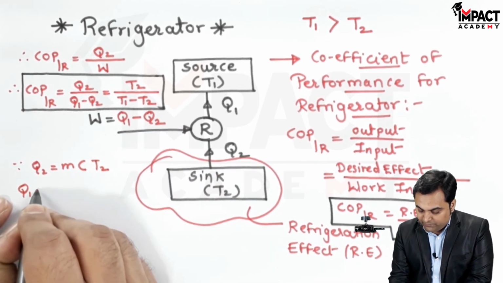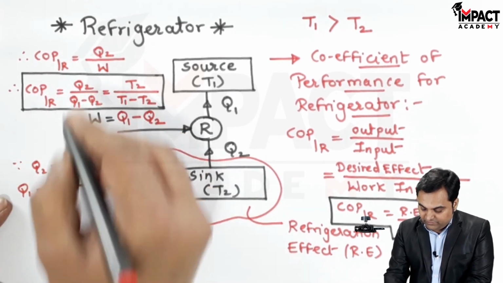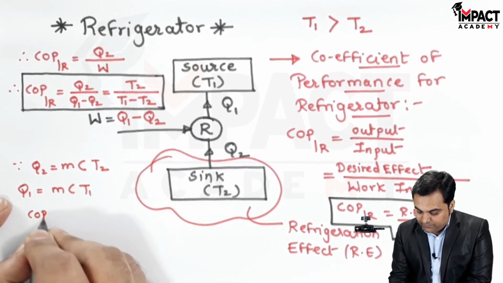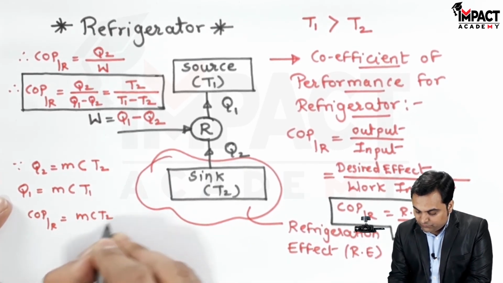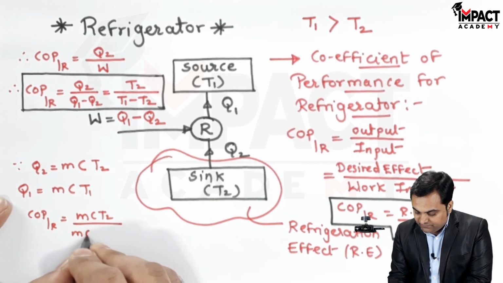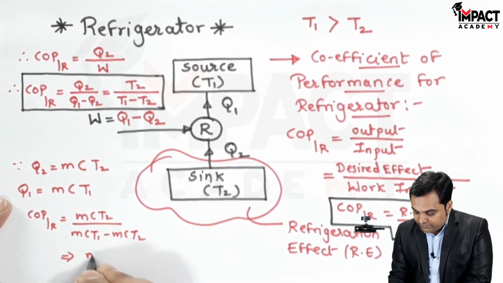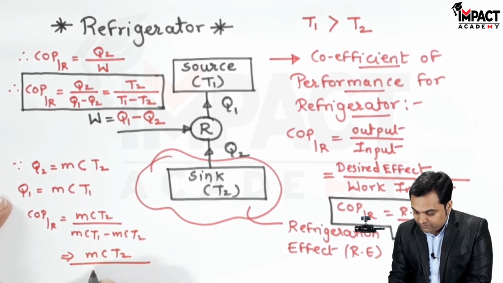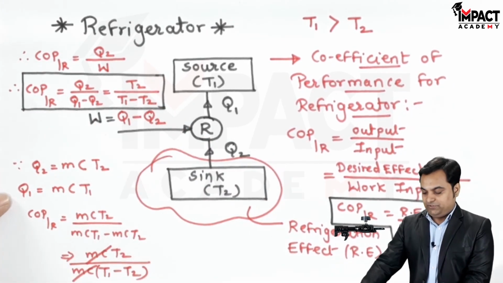Similarly Q1 would be M C T1, and when I put the values over here, COP would be, in the numerator M C T2, in the denominator M C T1 minus M C T2. Here MC is common, so it is T2 upon T1 minus T2, and after the cancellation I am getting the same result as I have shown here.